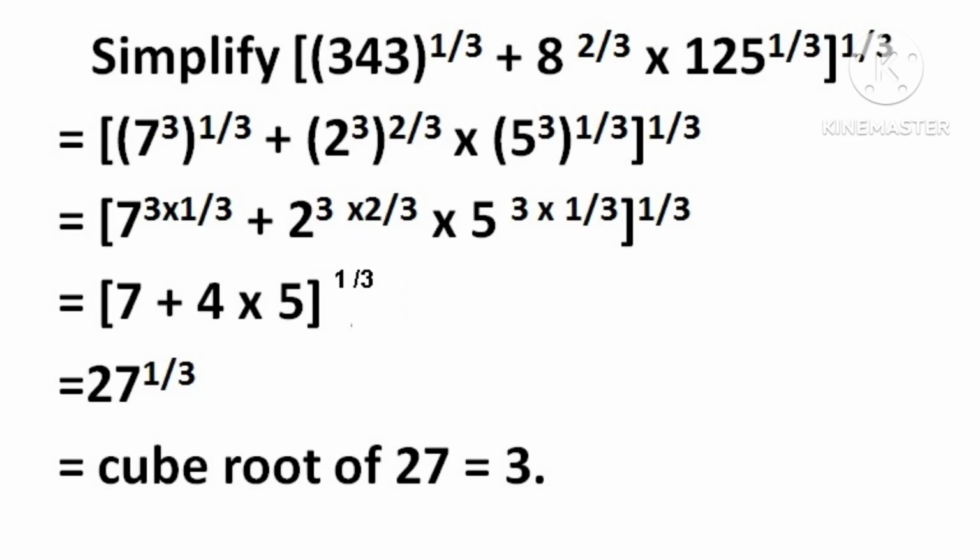It can be seen that 7 raised to 3 is 343, therefore we can write all these terms as cubes raised to some indices and then cancel out 3 and write 3 multiplied by 1 upon 3 equals 1. It then reduces to 7 plus 2 raised to 2 multiplied by 5 raised to 1 upon 3. This is equal to 7 plus 4 multiplied by 5 raised to 1 upon 3. This becomes cube root of 27 equal to 3.